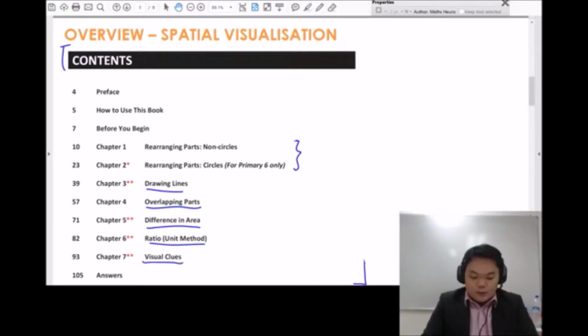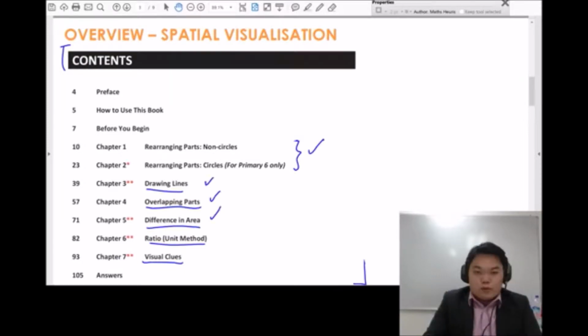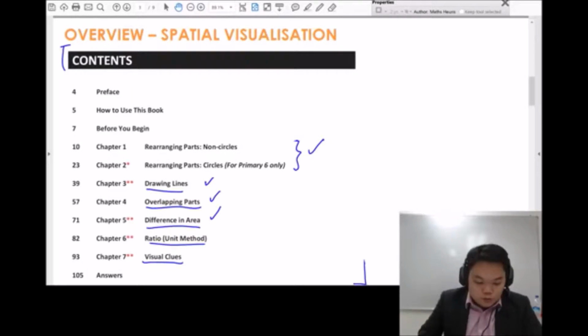And the seventh is visual clues. Mainly, I'll be covering these four for today. Why is that so? Because I want to go for quality rather than quantity. These are the 4 main things I'll be covering from our spatial visualization book. So let's begin.